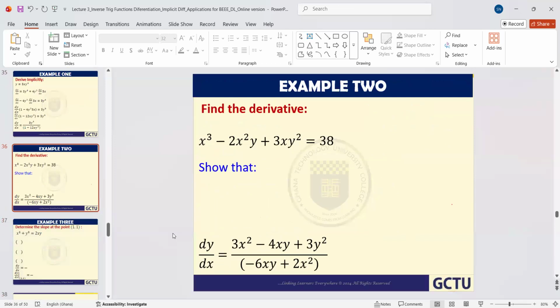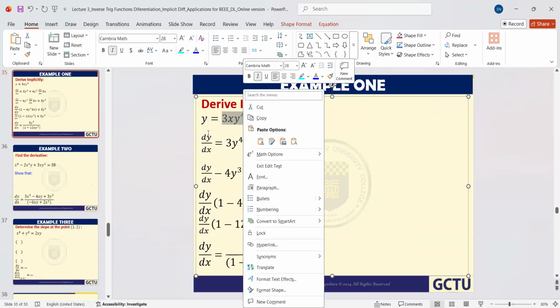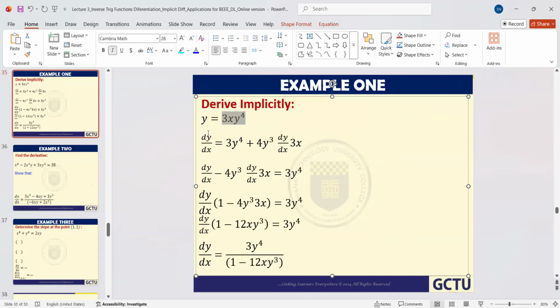I think example 1 I've done. Example 2 we haven't. So let's see example 1: 3xy to the power 4. If I differentiate this with implicit differentiation, first of all, I hope you realize that this is a term for which you have to use the product rule, because you have a constant, an x variable, and a y variable.